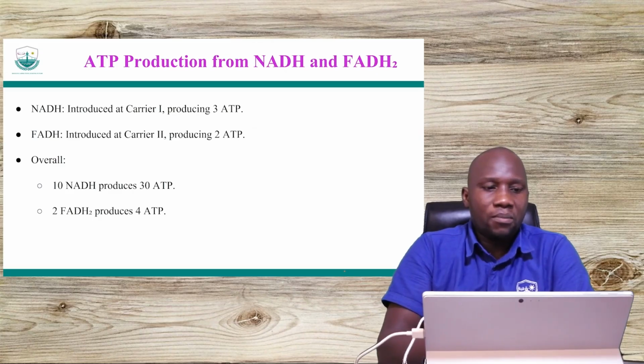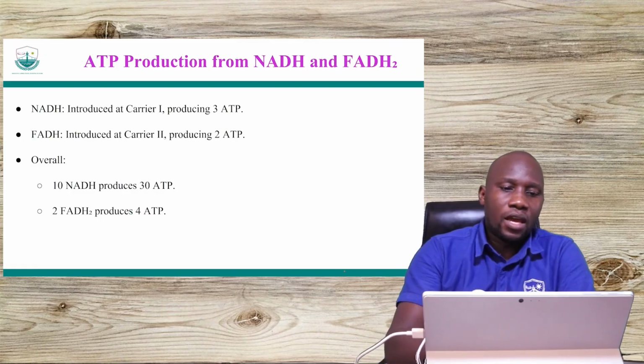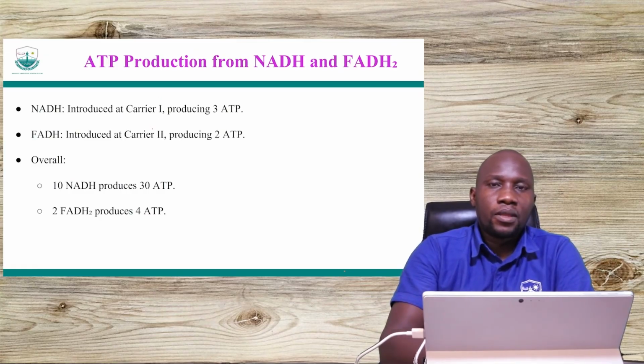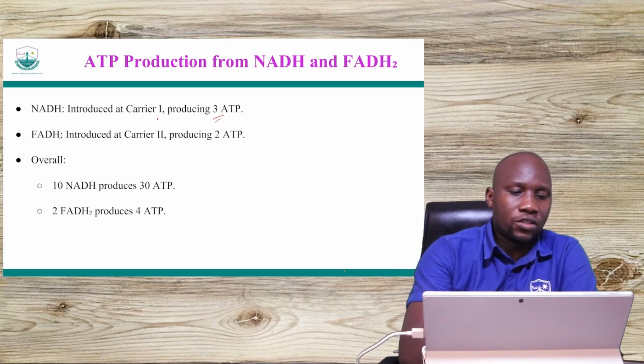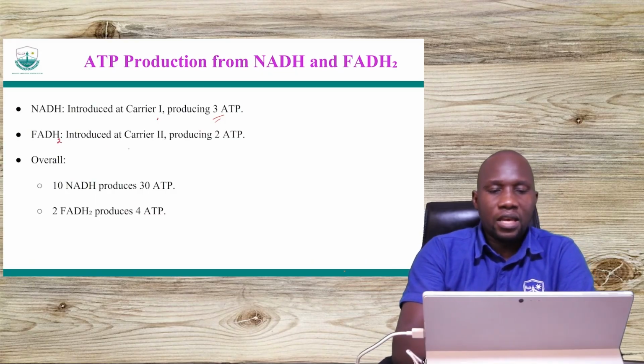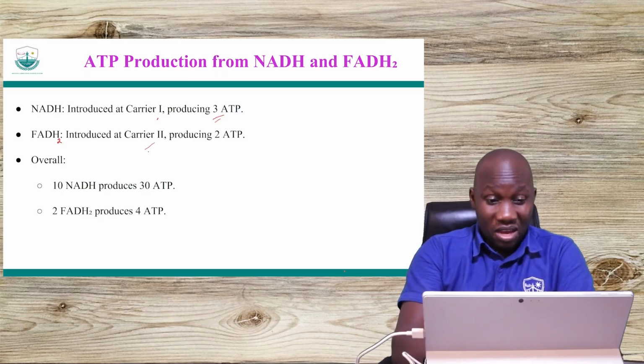So in summary, we are basically saying that NADH enters the electron transport system through enzyme complex 1, which we are calling carrier 1 here, and this produces 3 ATP molecules. And then you have FADH2, which enters at enzyme complex 2, what we call carrier 2 here.